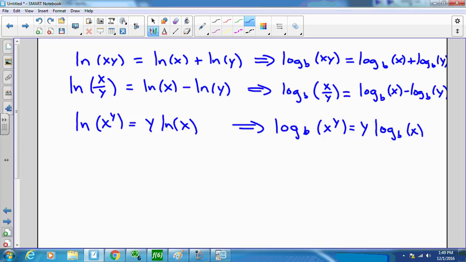So the algebraic properties that natural log has are the same as the algebraic properties that your log base b has.